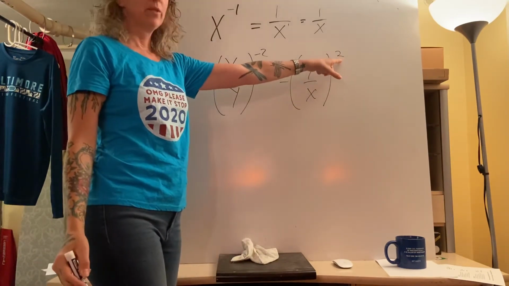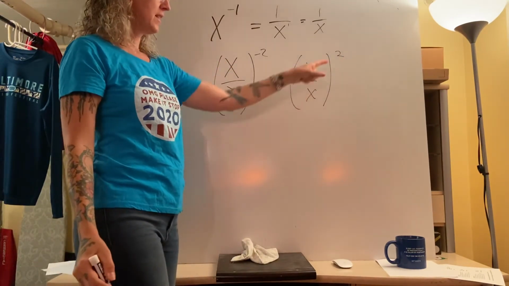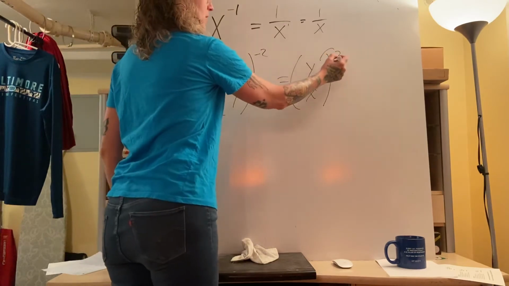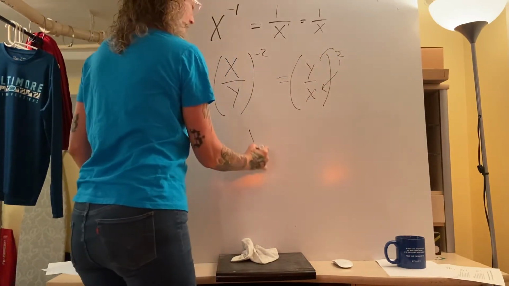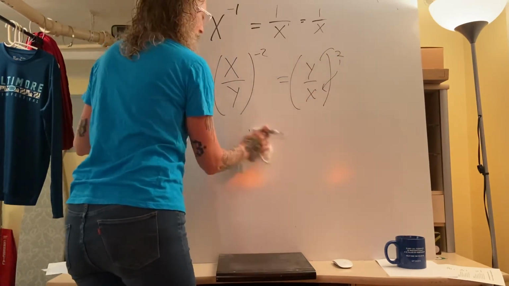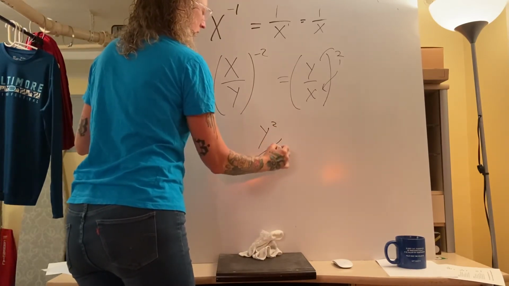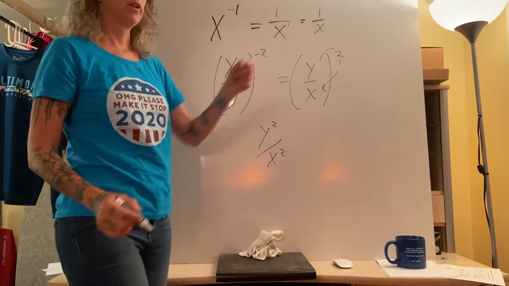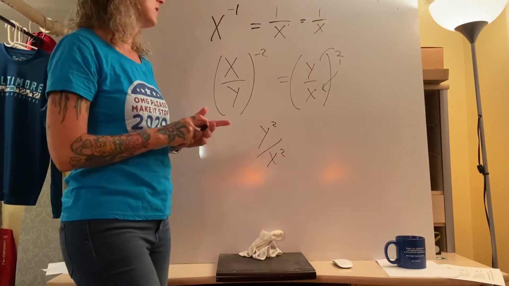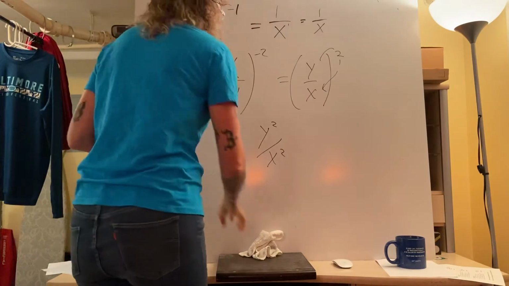But all that happens with this 2 is because these are in parentheses, this 2 gets distributed to both of them. So this just becomes y squared over x squared. But we'll deal with the parentheses thing soon. So this is negative exponents.